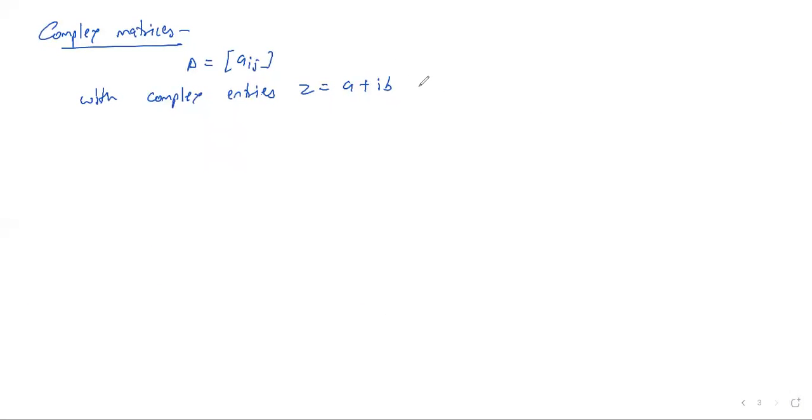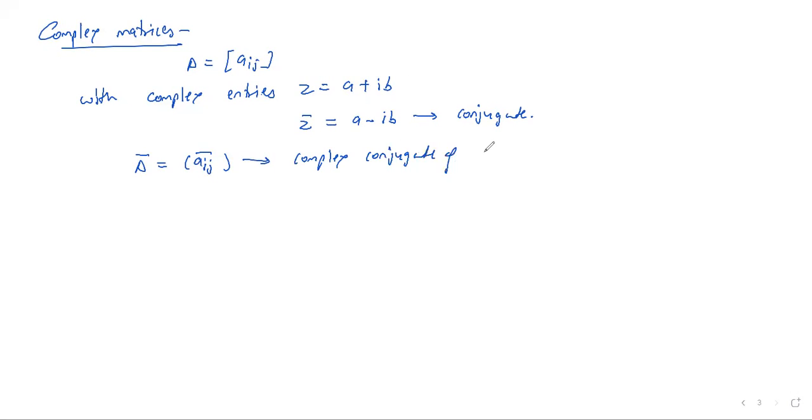This is my complex entry of matrix A. We can take a conjugate of this z, which is defined as z conjugate equals a minus ib. This is said to be the conjugate, and A conjugate equals Aij conjugate, the complex conjugate of matrix A.